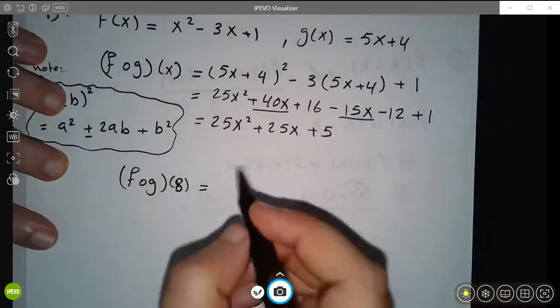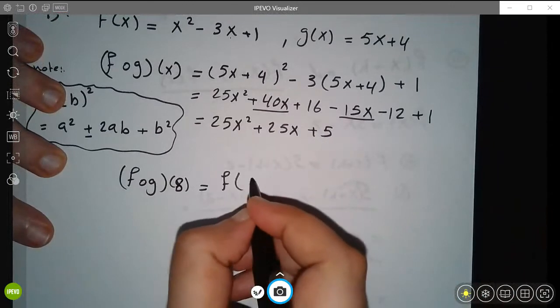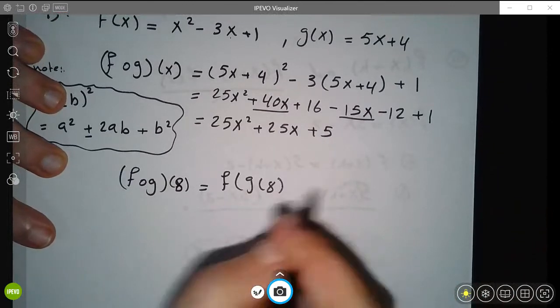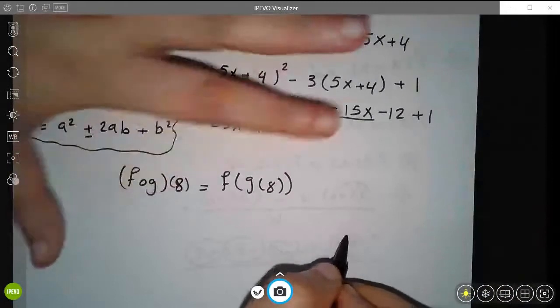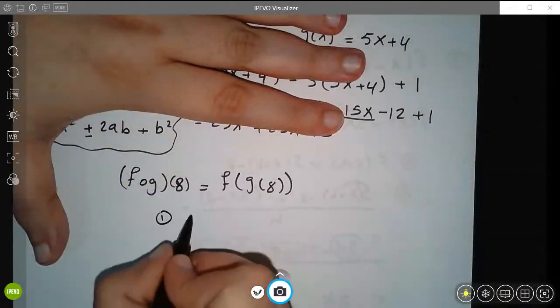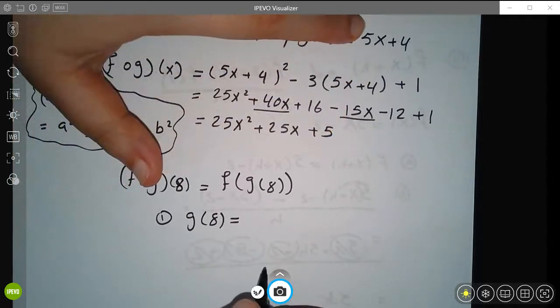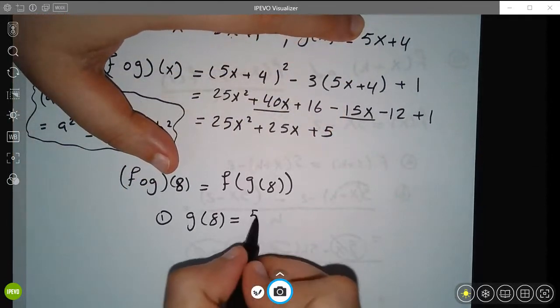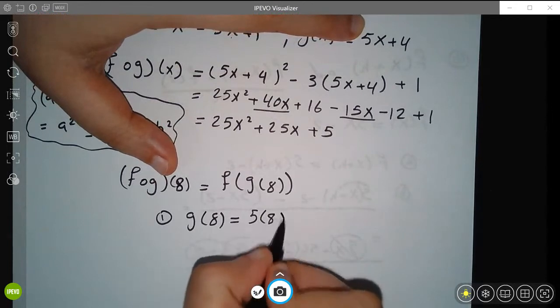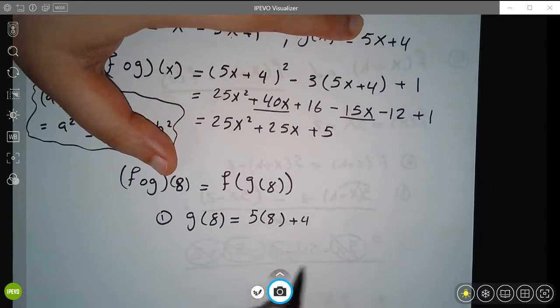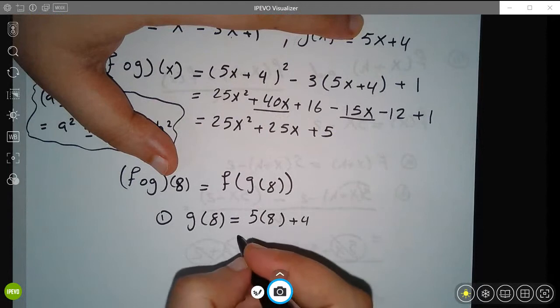Because this right here is the composition of f of g of 8. So first step, you're going to find what g of 8 is. So I'm going to grab g, which is 5 times, plug in the 8, plus 4. This is 40, plus 4 is 44, right?